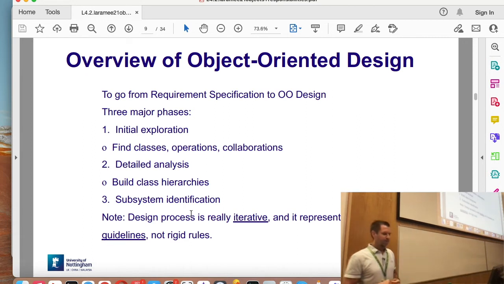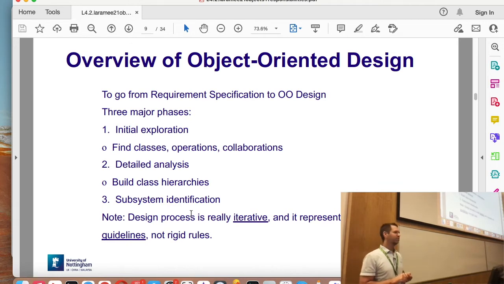So going from specification to design has multiple phases, right? These are the three major phases. The initial exploration phase, where we try to find classes, operations, and collaborations. We try to find them and define them. Then we have a so-called detailed analysis phase, where we build class hierarchies.